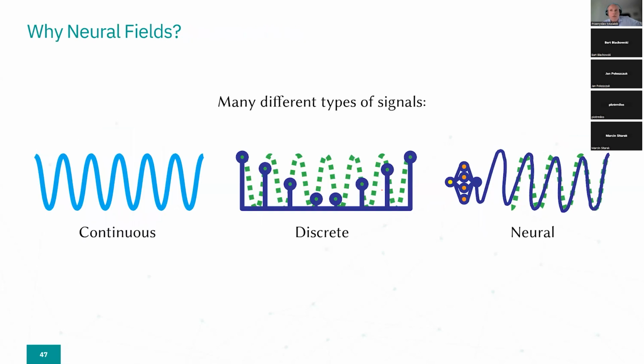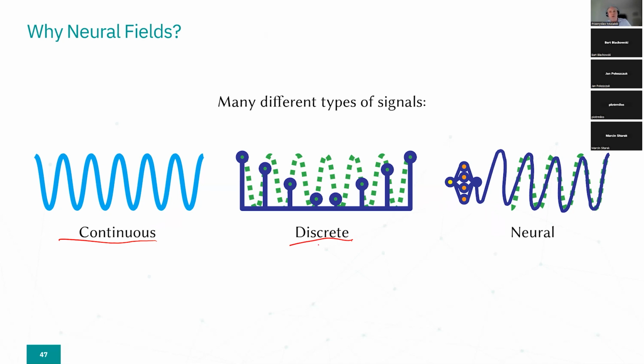Maybe one more word. Why are those neural fields so good? I already told you they are coordinate-wise approximations of complex functions, and we don't have to have the function itself. We just need a couple of samples from that function. So representation of signals in mathematics, engineering, and science is a very important thing to deal with.